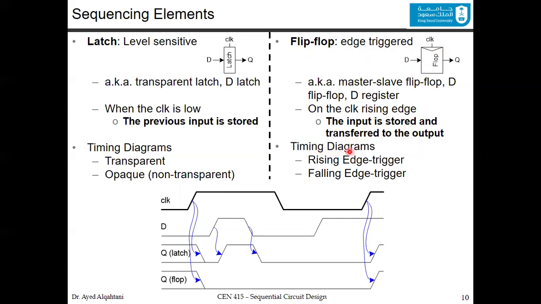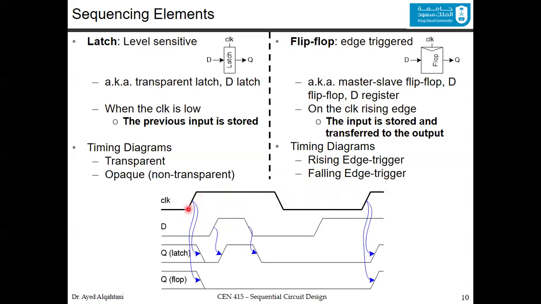In the timing diagram, we usually have two types, either rising edge trigger or falling edge trigger. Since this example is rising, only at the rising edge it checks the D. It will not be storing everywhere, whether low, high, or falling.